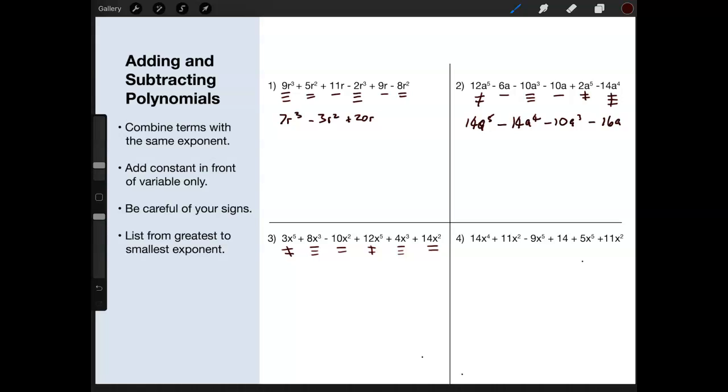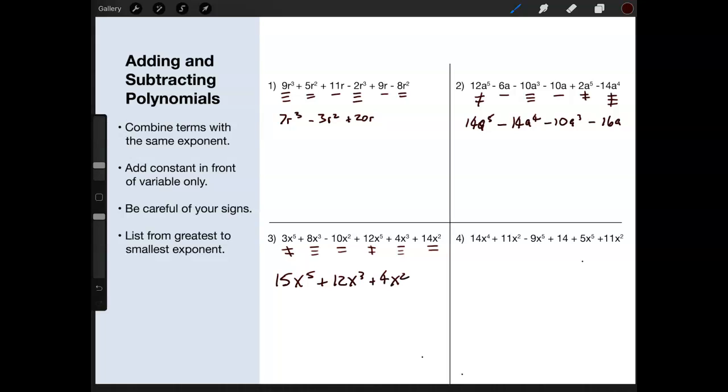We'll start with 3x to the 5th plus 12x to the 5th, 15x to the 5th. We will now go 8x cubed plus 4x cubed is 12x cubed, and negative 10x squared plus 14x squared would be positive 4x squared.